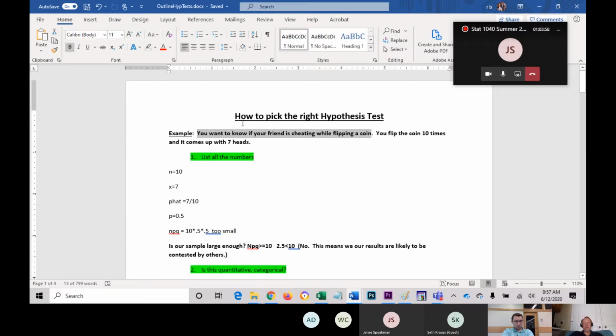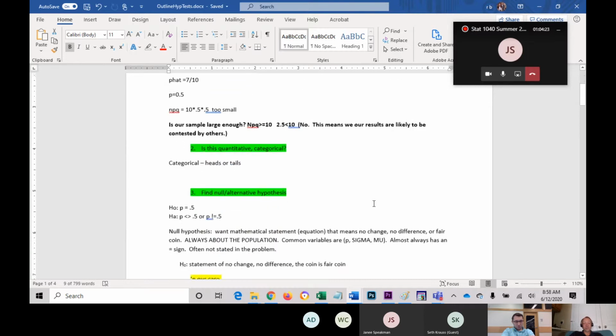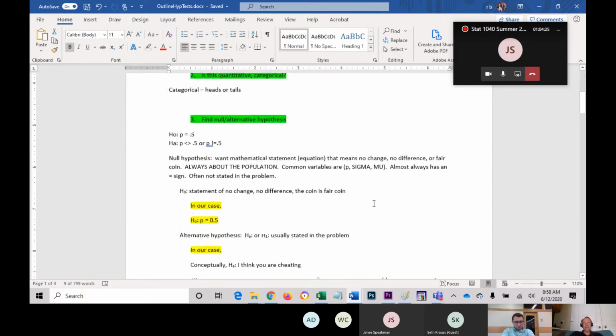But the alternative, which I've just highlighted here, is stated. You want to know if your friend is cheating. That's your alternative hypothesis. It's not the null. You don't assume the null is they're cheating right off the bat. You always assume it's a fair coin. And we're trying to decide if 7 out of 10 heads is enough evidence to show that they're cheating. Okay? Making sense so far?